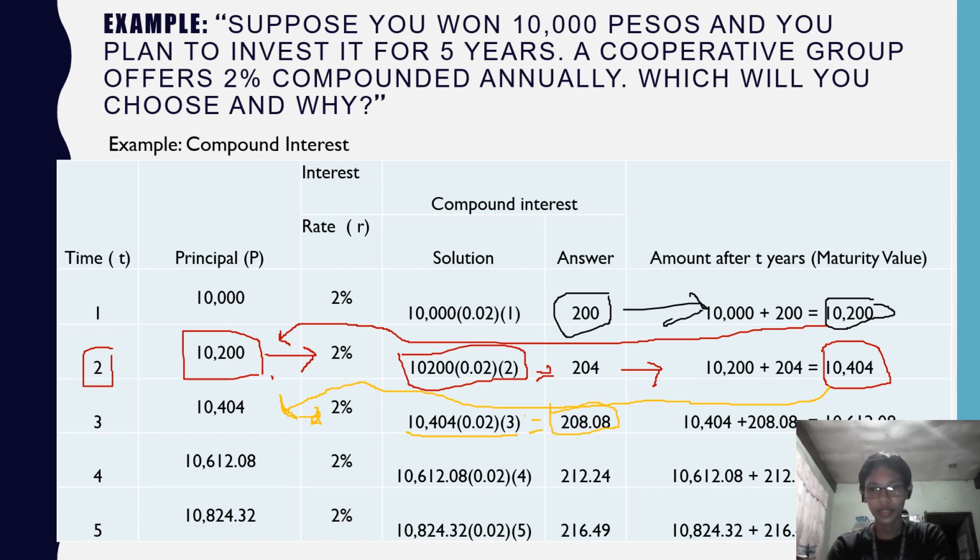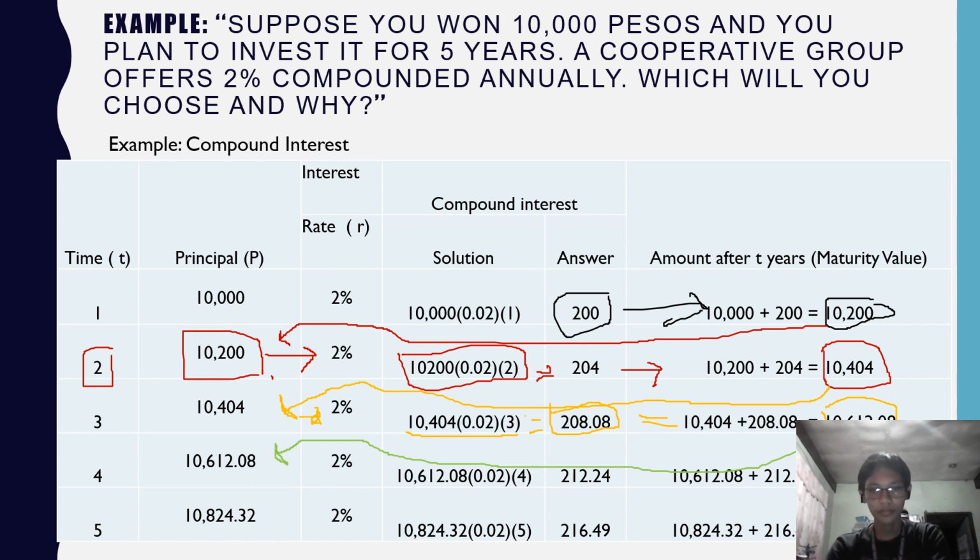Then it will be added to 10,404, the previous principal, and the answer will be 10,612.8. Then 10,612.8 will become the new principal in the fourth year.